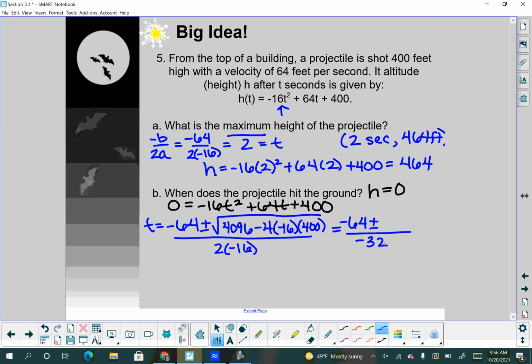I know in the denominator I'm going to get a negative 32, so let's see, 4,096 minus 4 times negative 16 times 400 gives me a number that I can take the square root of, hopefully. I think that'll work. Okay, so we get about 172.3, I'm just rounding there. And then we simplify once with the plus and once with the minus.